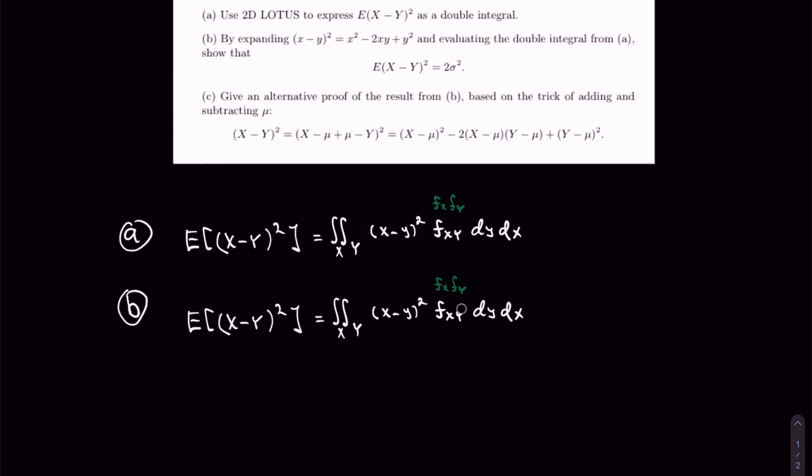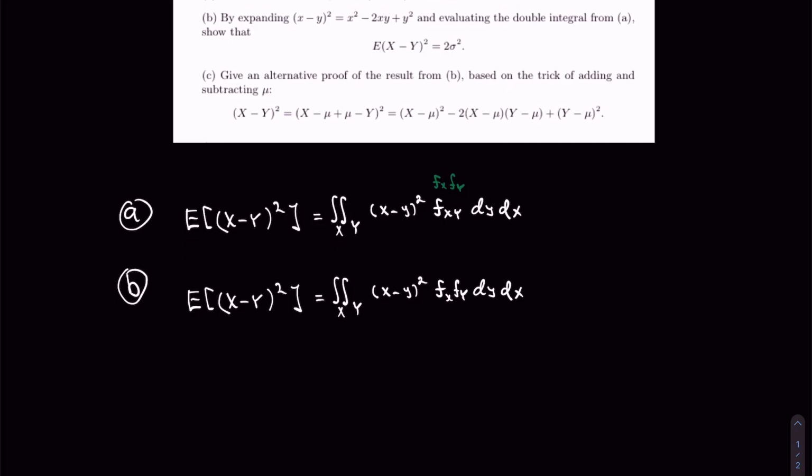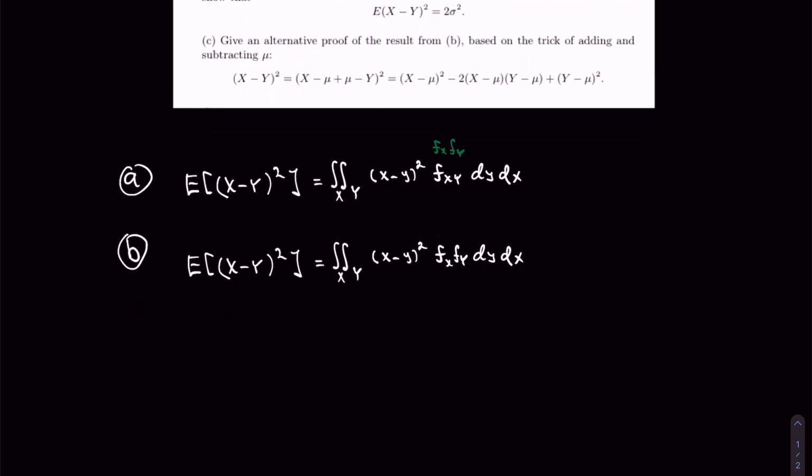I'm going to write this using the i.i.d. Now we expand (x minus y) squared to be x squared minus 2xy plus y squared, like so.